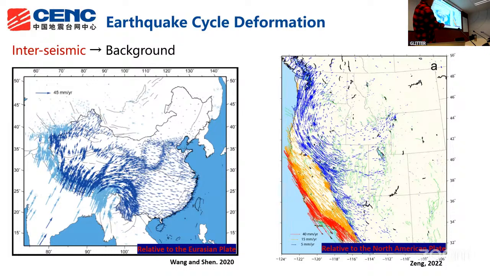Here, especially, we can see a clockwise rotation, because the Indian plate thrusts into the East Asian plate, and the Sichuan Basin is very hard.